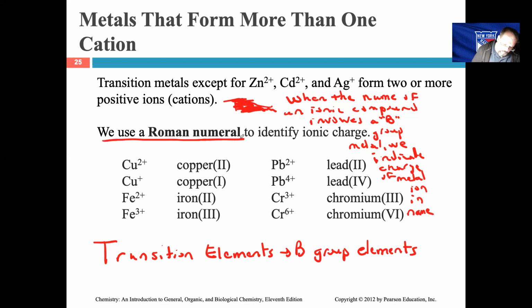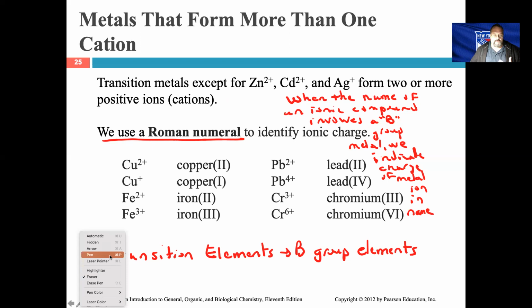The way that we do that is we use a Roman numeral next to the name of the ion, because it's still the name of a metal ion, whether it's an A group metal or a B group metal. The name of a metal ion is the element name itself. But when you have one of these B group metals, except for zinc, cadmium, and silver, we give the charge as a Roman numeral next to the ion name of the metal.